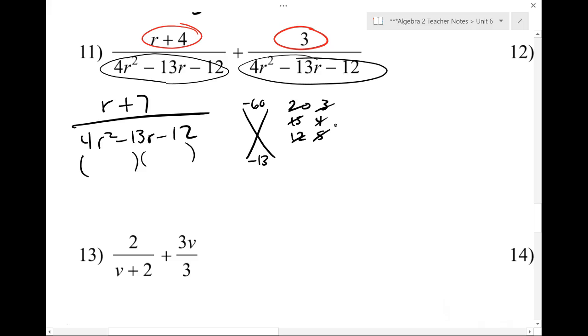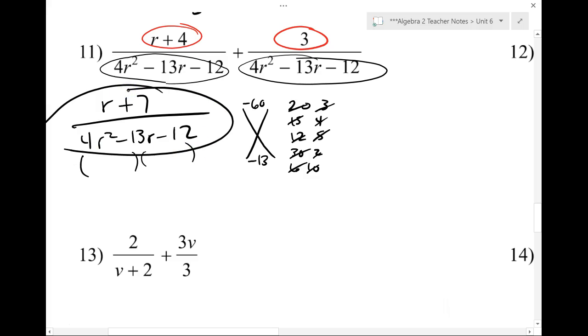That doesn't work. How about 30 and, no, that's way off. 6 and 10? No, it doesn't work either. And you know what? There's nothing. So if you can't factor it, well, that's it. Then we just leave it there.